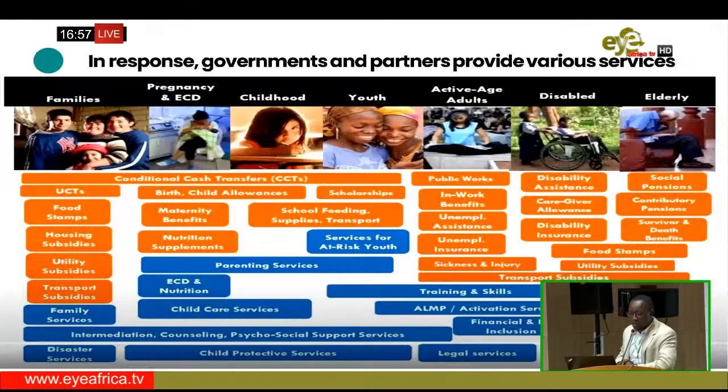This is what governments and partners seek to address, and in the process, they provide various support from birth to old age. We are all aware of the services provided across the life cycle: for infants, under fives, children, youth, adults, and the elderly.